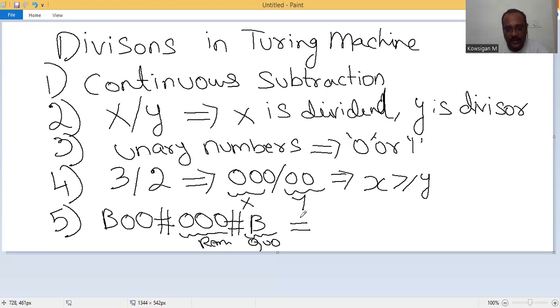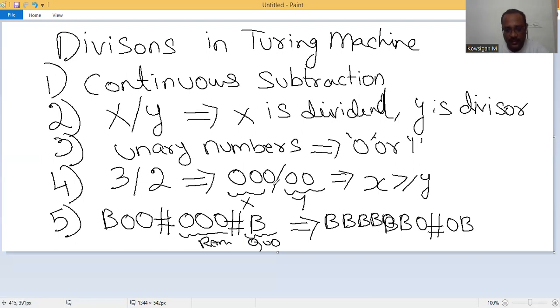How can we represent the final result after the division? For this 3 divided by 2, everything will be blank as a final output. We have to obtain this final output. You see here, this is 0 hash and this blank will also become 0, and the right hand side is also bounded with blank.